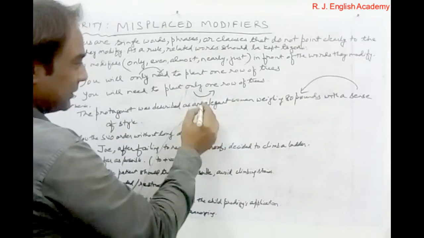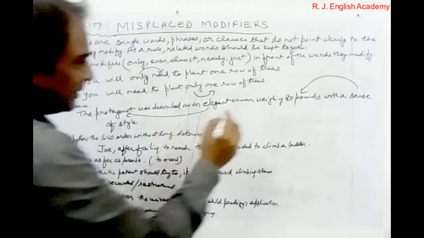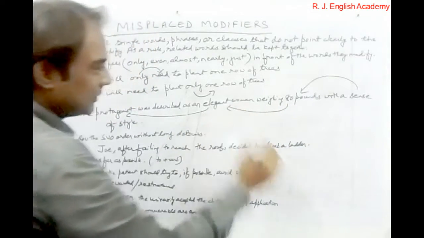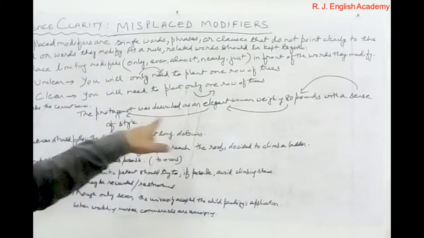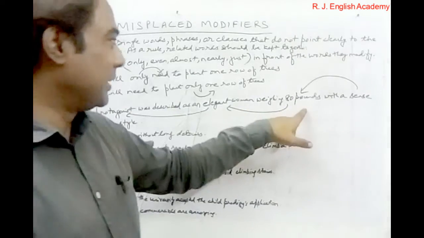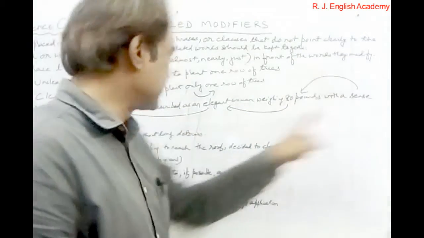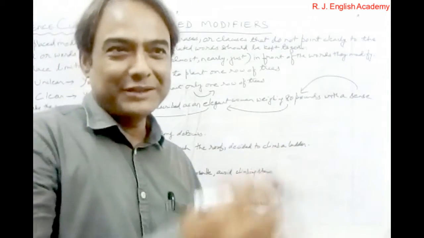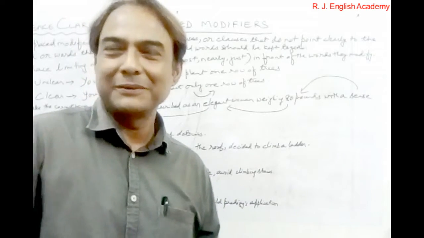So the elegant woman is correlated with the protagonist, and weighing 80 pounds is correlated with the elegant woman. The protagonist, who was an elegant woman and weighed 80 pounds, was described with a sense of style. See, just arranging the modifiers differently, we change the entire meaning of the sentence.